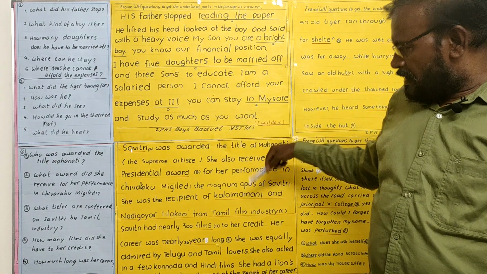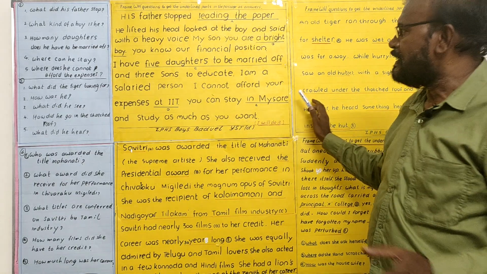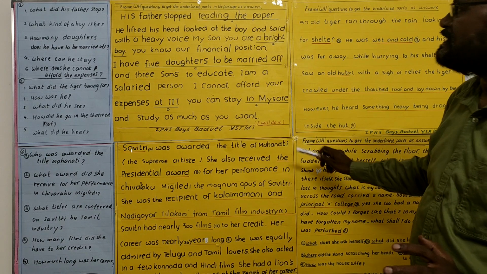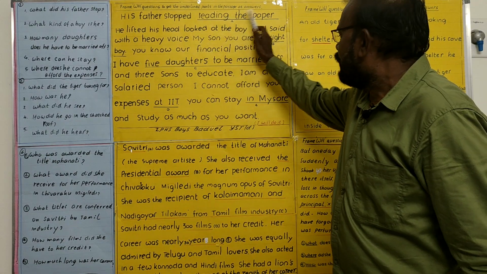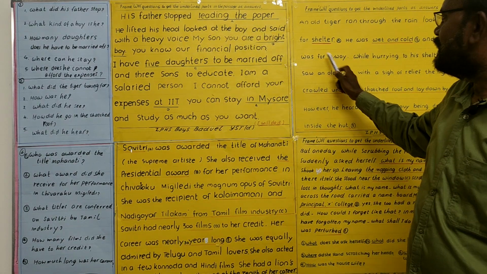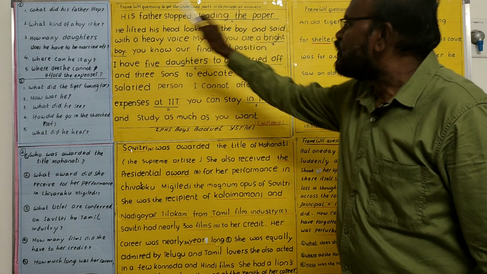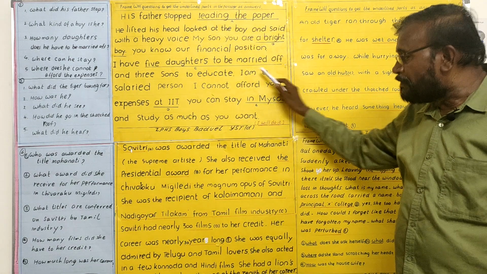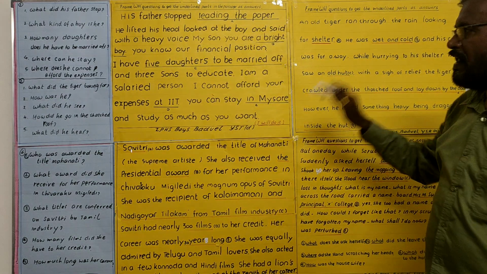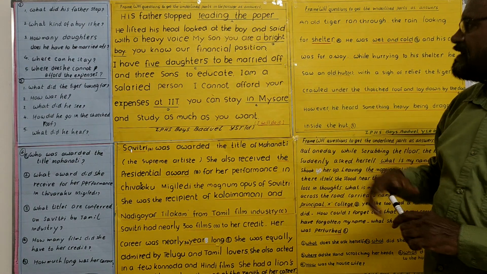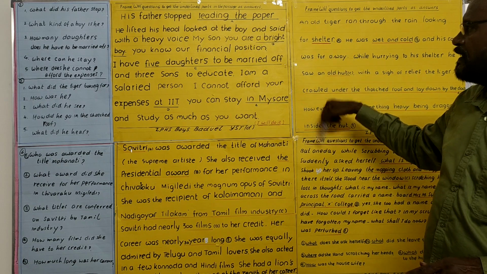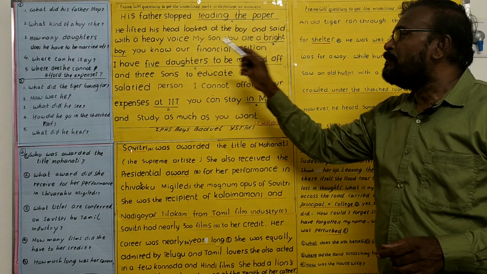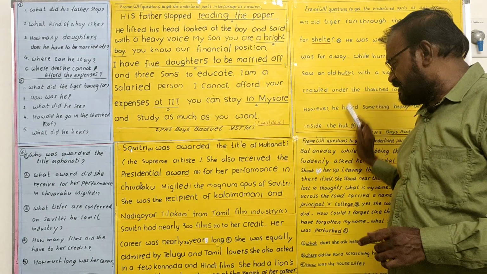And here, what we have done is, we have framed WH questions to get these underlined parts as answers. It is about some paragraphs and the preparation of WH word questions.